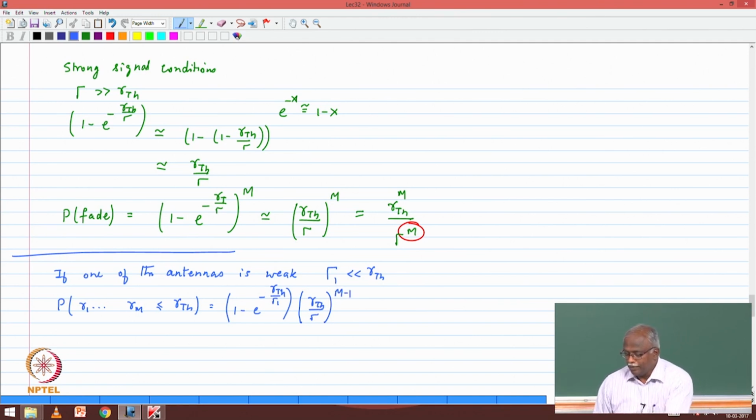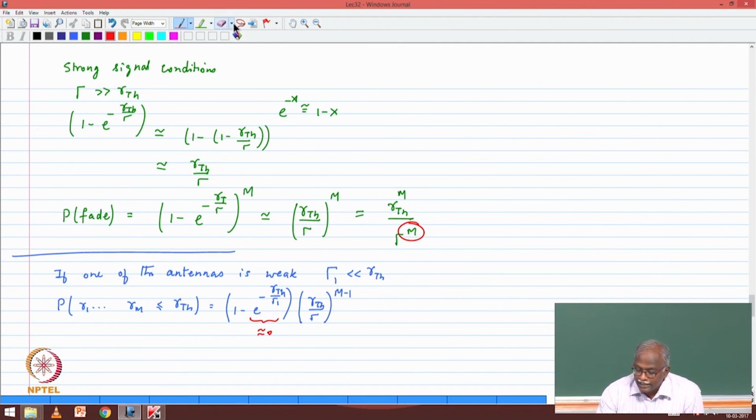The reason I could not make the approximation for the first term is because that approximation is valid only when the exponent is very small. Now, if gamma 1 is much less than the threshold, the exponent is actually much larger than 1. Very interestingly, this exponent becomes negative of a very large number, which means that this term is almost 0.